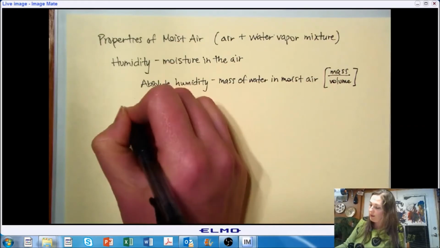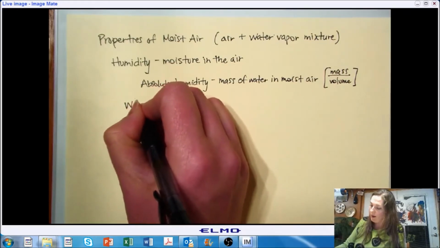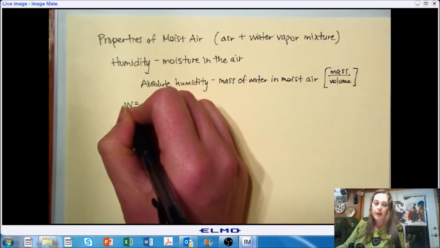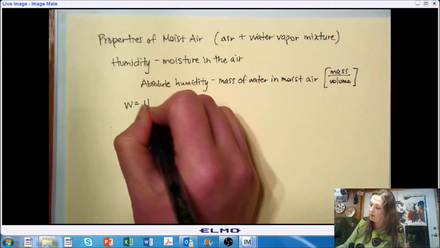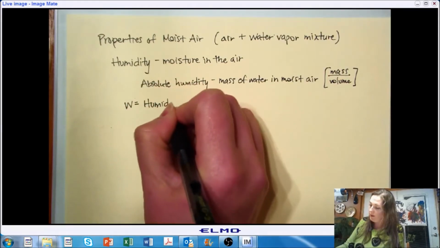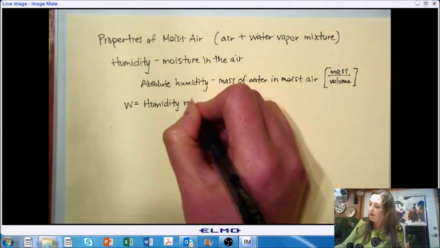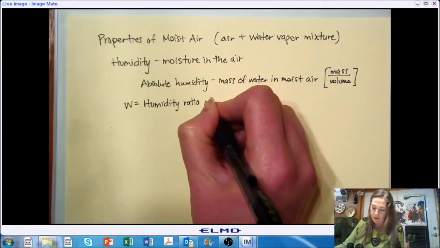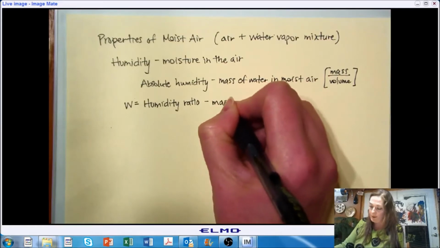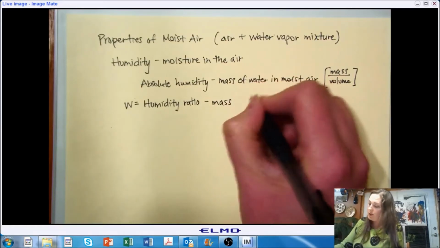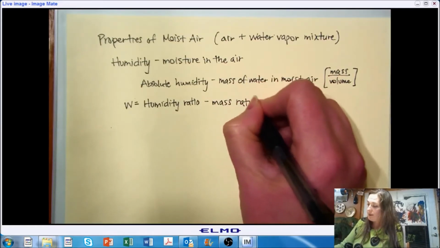The second one we're going to look at in our book is represented by a capital W and is called the humidity ratio. The absolute humidity is not represented by a variable in our book, so it doesn't have a variable in our notes. The humidity ratio is, as it says in its name, a ratio.